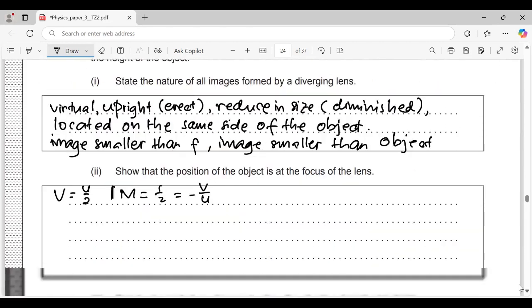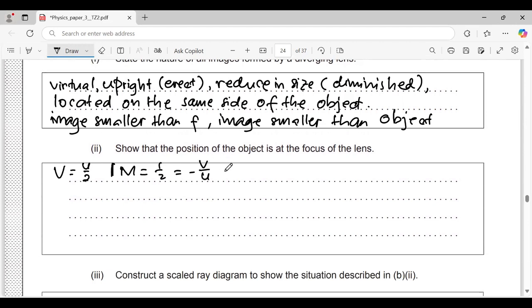The first one is a converging lens. So it means we can state that v, or image distance, is equal to minus u over 2.